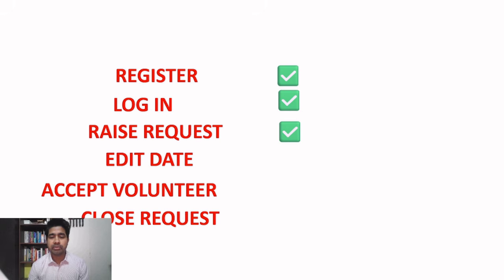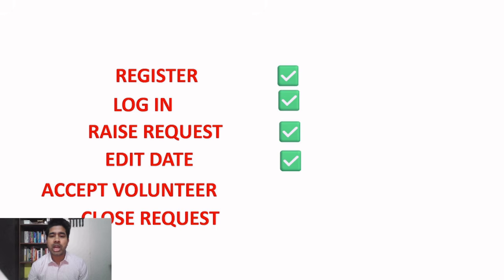If by mistake you have put an incorrect date, and for that reason the request made by you is not visible in the Vidyanjali portal, it has basically vanished, disappeared from the portal, you can edit the date and bring it back to the home page for the volunteers to take up the activity. You have also learned that.